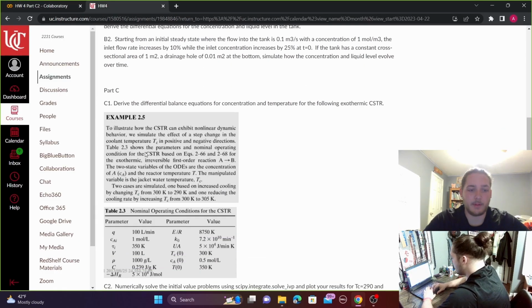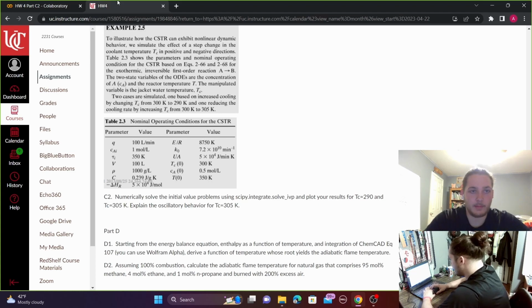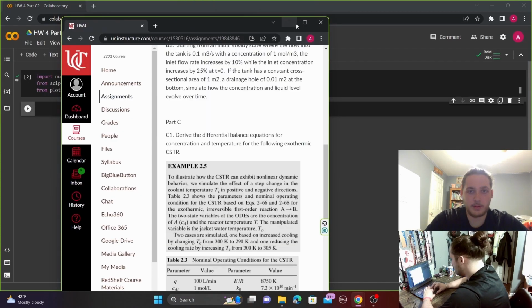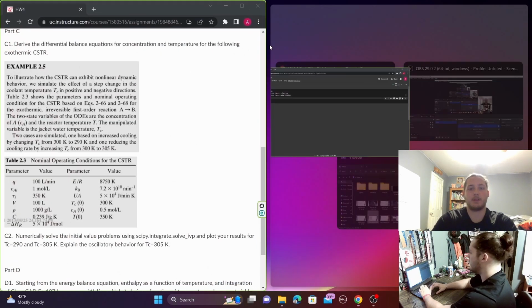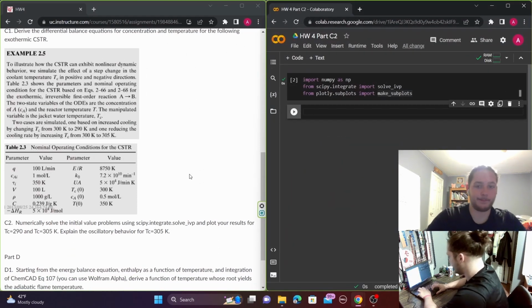we're going to want to look at this table. And I'm going to split this screen just to make it easier for us to look at.